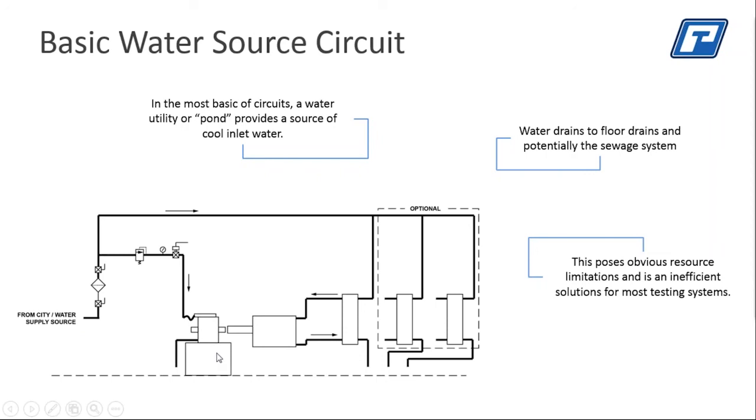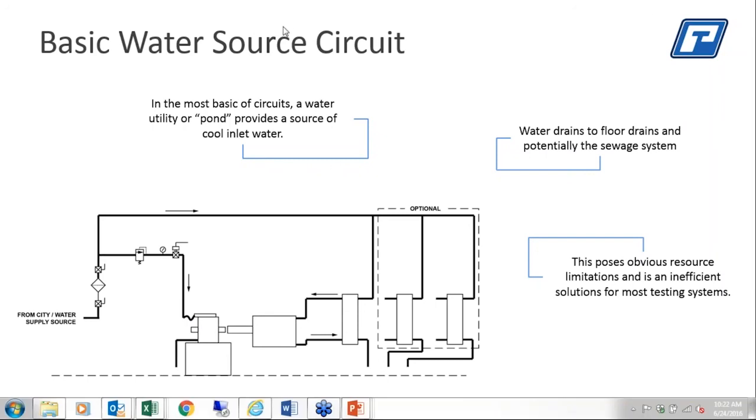It is just being dumped. I can say typically this is not the norm anymore. This is just people being concerned with resource management. It's not the most efficient system in the world, and it's relatively inefficient. You are not reusing and you're not recycling the water that you're processing through the system. Very, very basic system here.